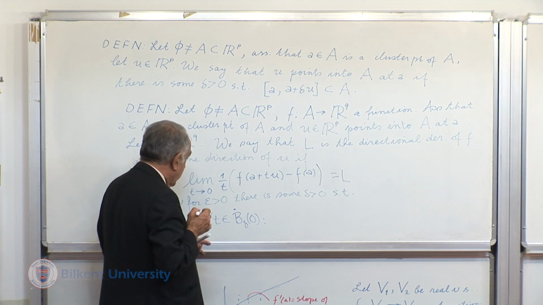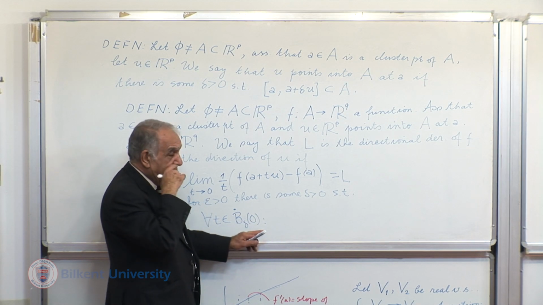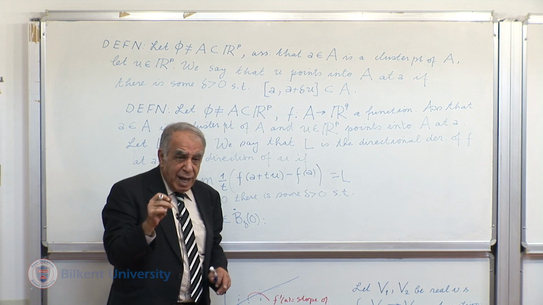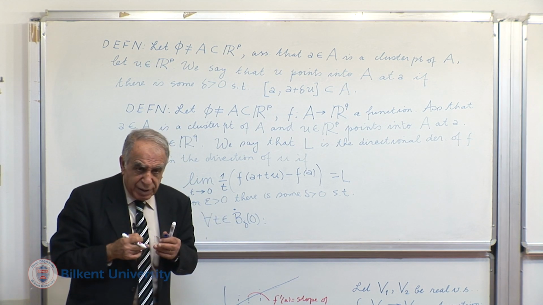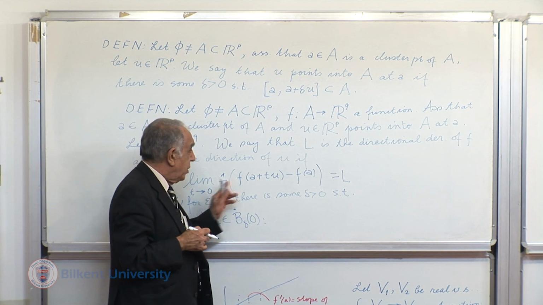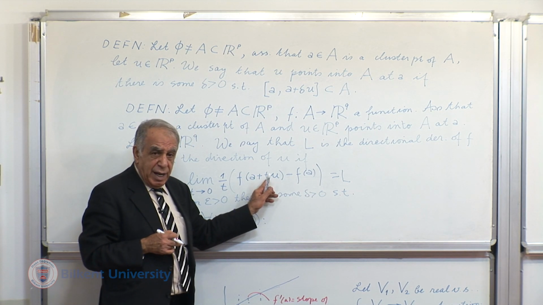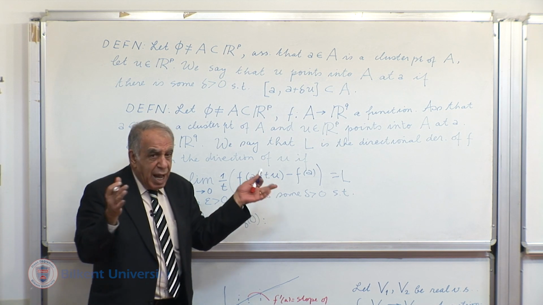Not necessarily so. Well, in the original case, I intersected that with the domain of the function. But here, the domain of this function as a function of t, that is not capital A.